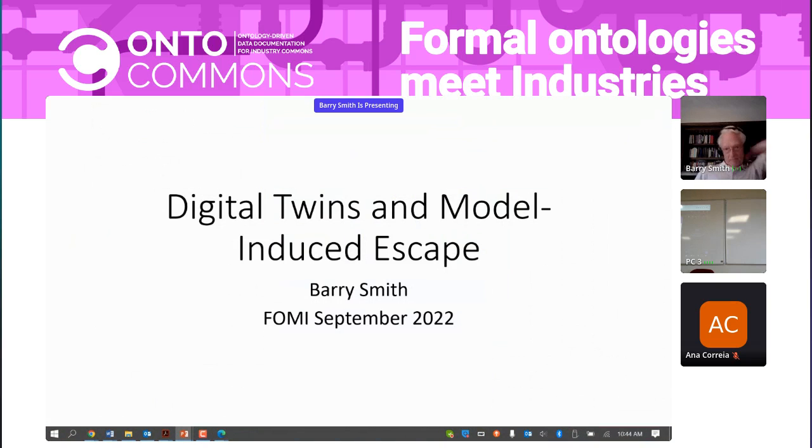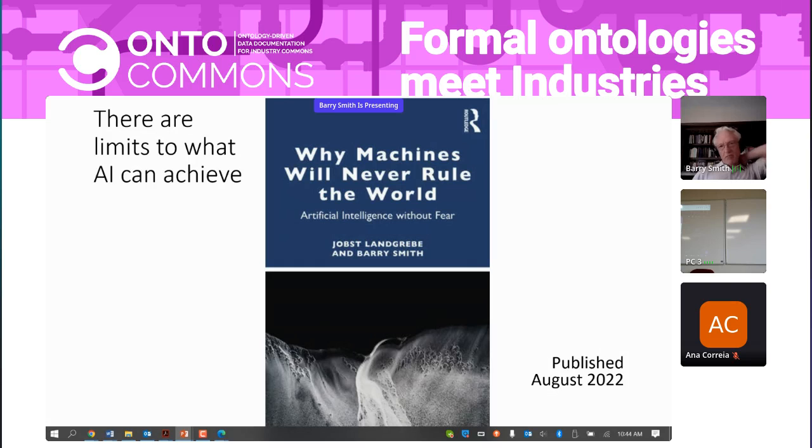So I published this book just last month with a colleague, Jobst Landgräber, who owns an AI company in Germany. He's a mathematician, amongst other things, and he has been striving for many years to make AI work in a number of different areas. And he did succeed, but in the process, he learned a lot of lessons about where AI will not work.